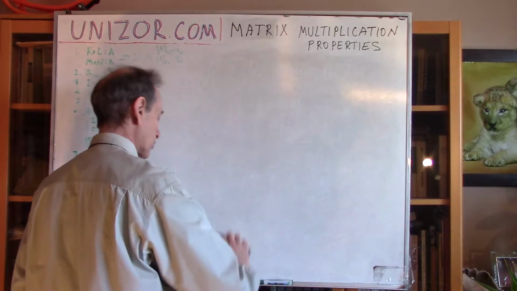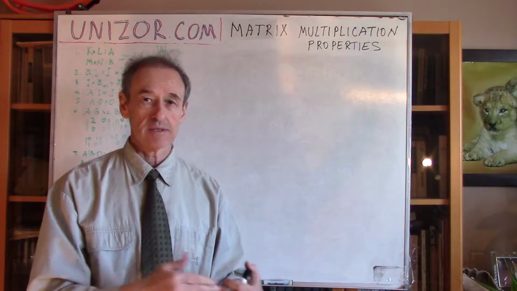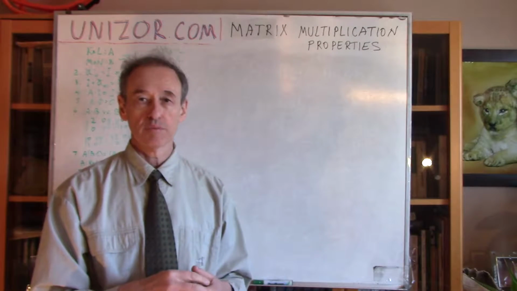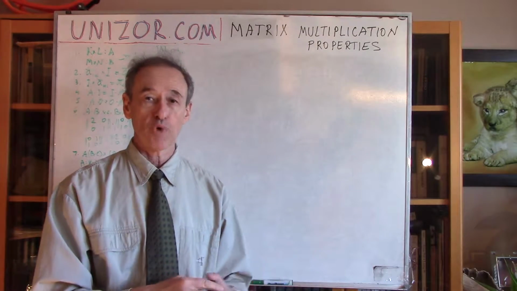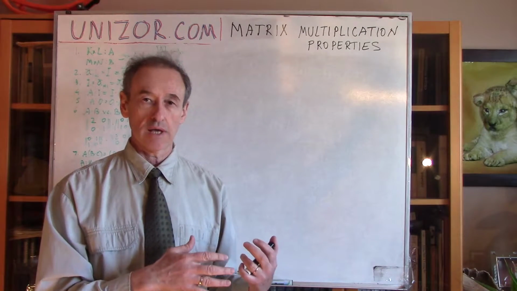Now, what I would like to do is go backwards from the general definition of the product of two matrices given in the previous lecture. I will derive all the nice properties, including the associativity. So that's the purpose of today's lecture.